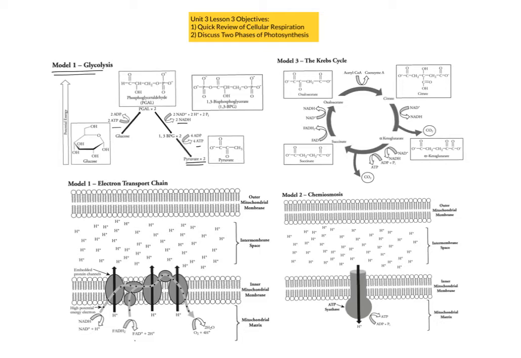Now, after pyruvate goes through the link reaction, it'll enter the Krebs cycle in the form of acetyl-CoA.